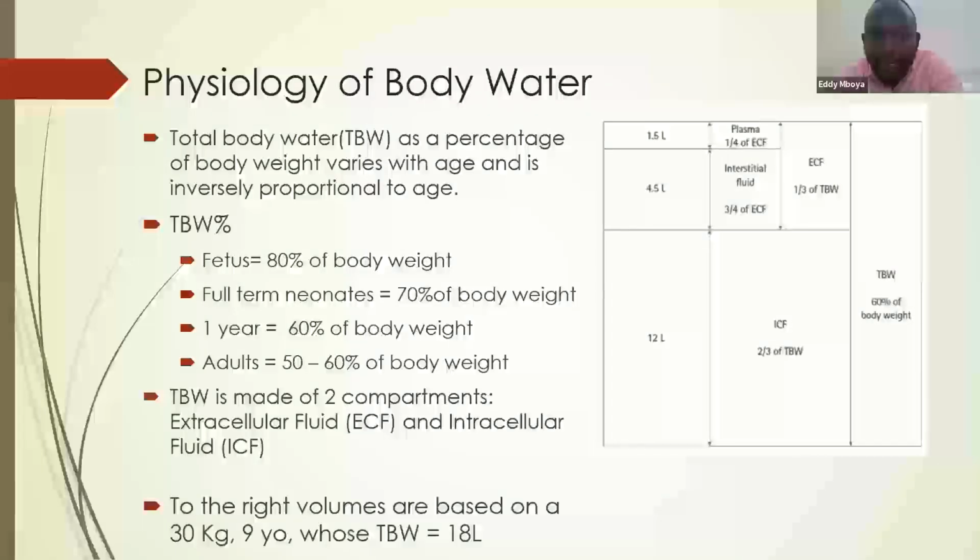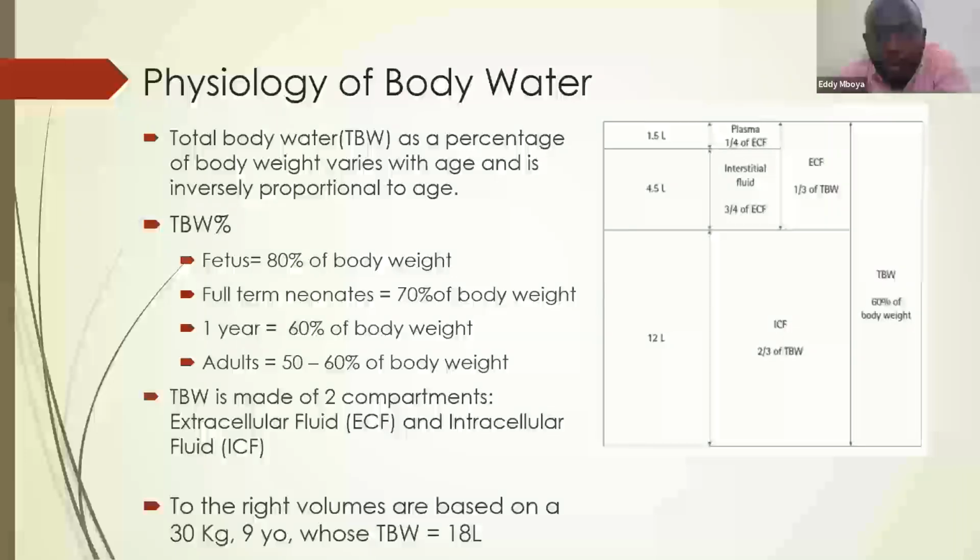On average, in a term fetus, 80% of the body weight is water. In full-term neonates, once they're born, 70% of the body is water. At 1 year, this drops to around 60% of body weight. Then in adults, it varies between 50 to 60%.